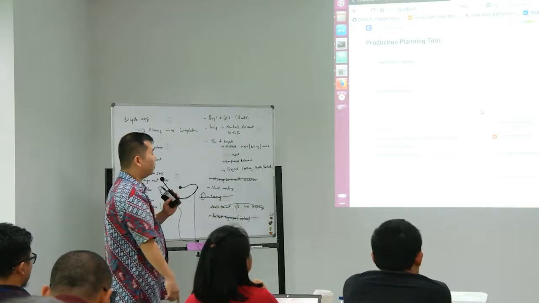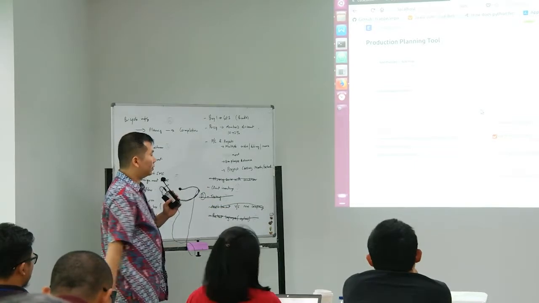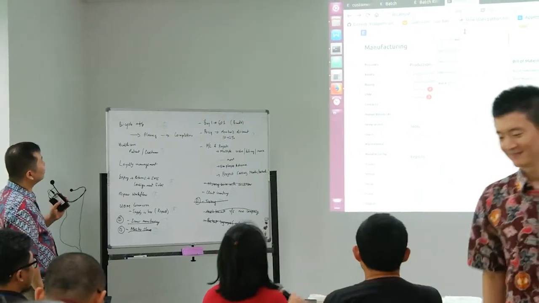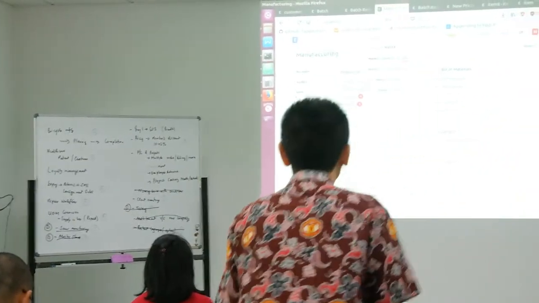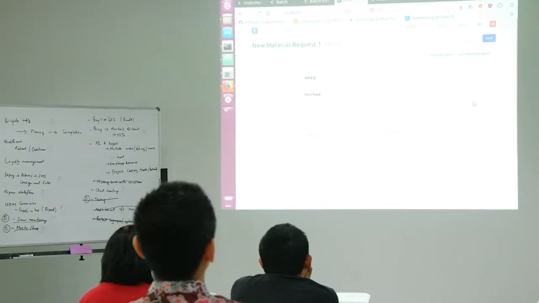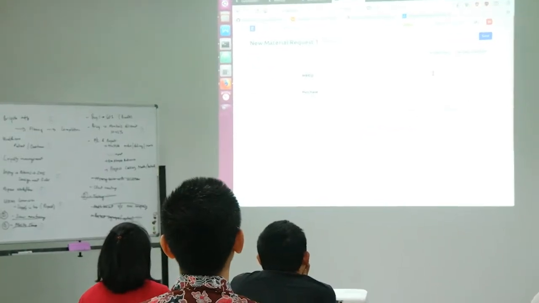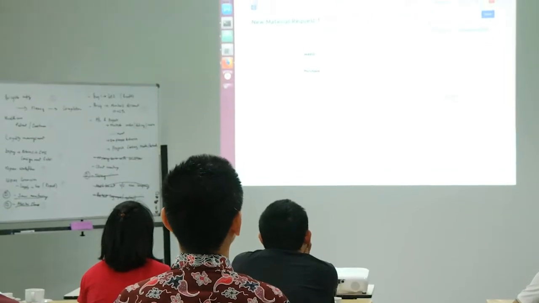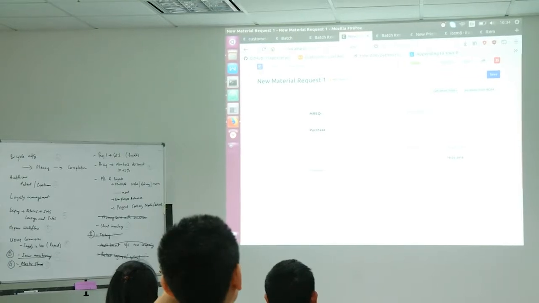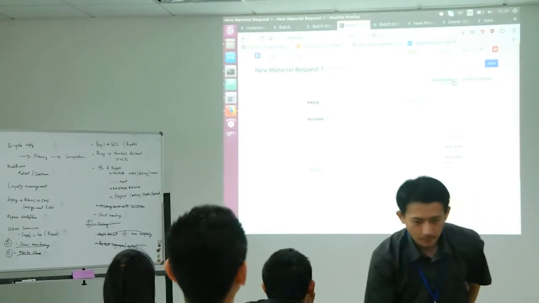Go to material request. Can you go to material request? So let's say we make a new material request. We need the required date today. Then you enter an item code. Let's say 3 items, any item. Or get items from here.